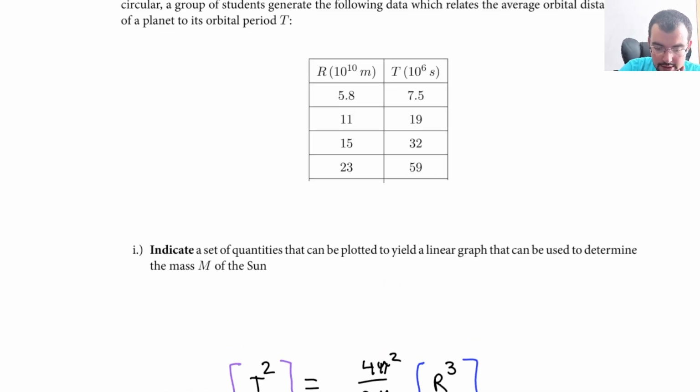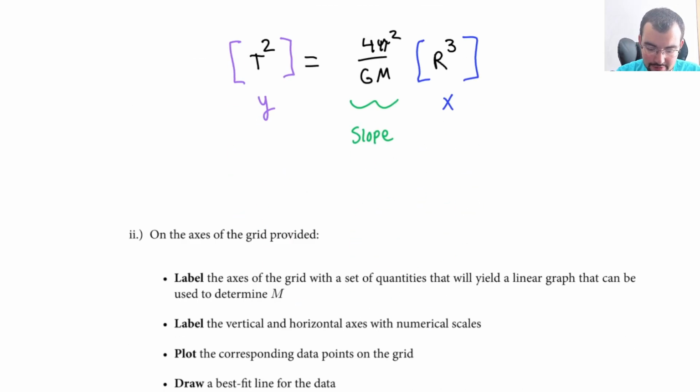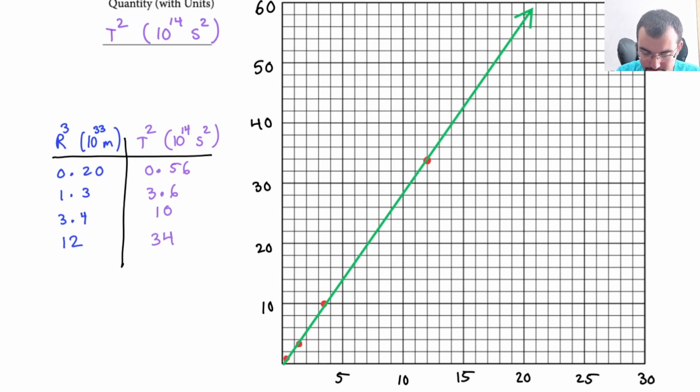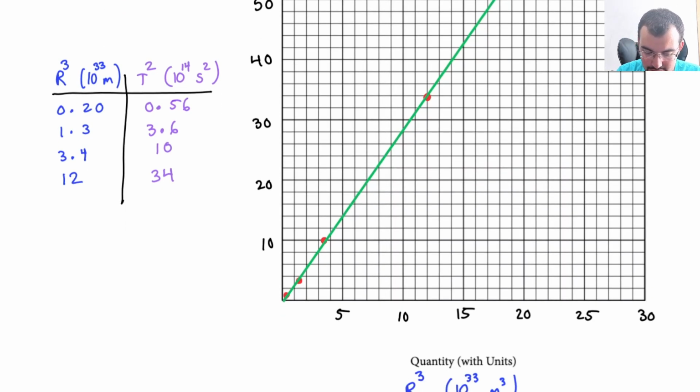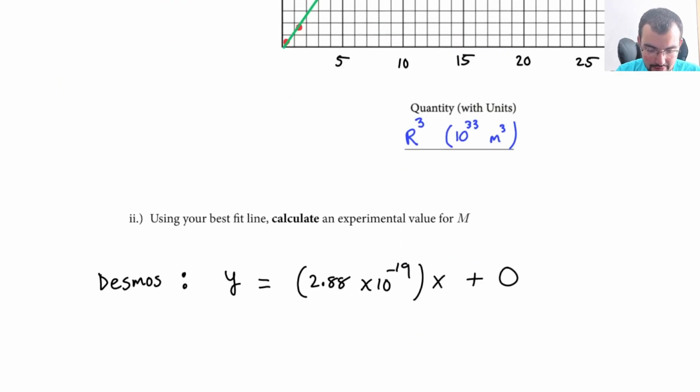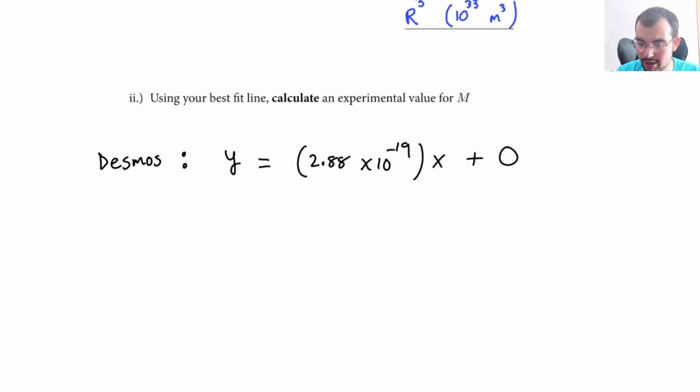All right. These are huge numbers because I use the actual ones here, so you can be sure we're definitely mining off camera for this one. Here's what I got. I cubed my radii and I squared my periods, and it did make a very straight line. Actually, this line was so straight that when I did Desmos, there was no y-intercept.